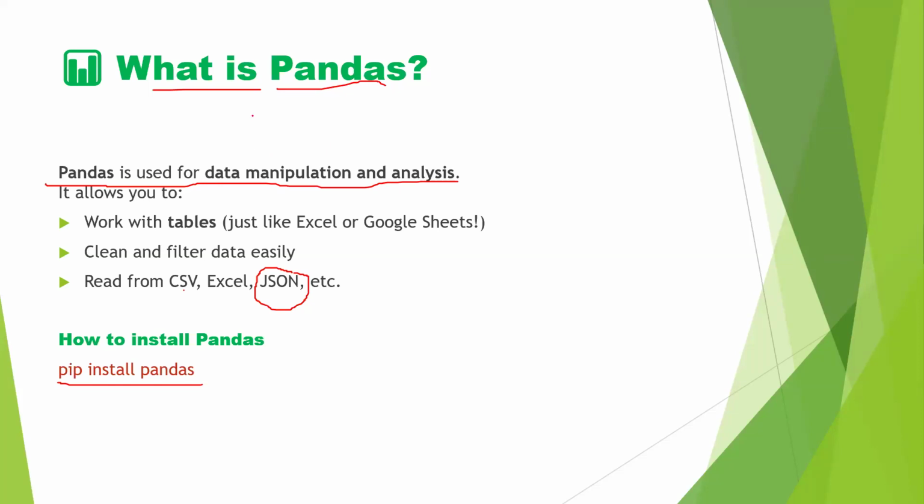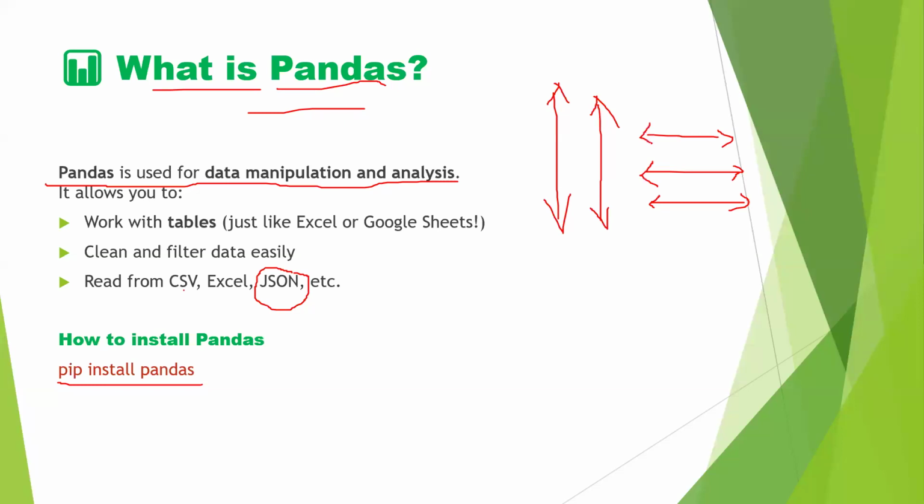If it was stored in rows, you can change this data from being stored in rows to being stored in columns. That is an example of data manipulation. So pandas is basically used for that, manipulating how data looks for the purpose of better analysis.